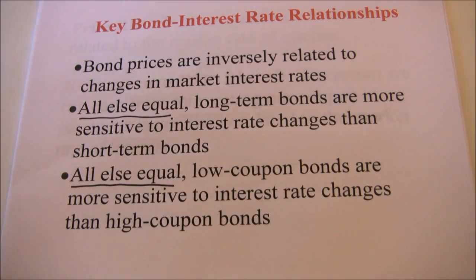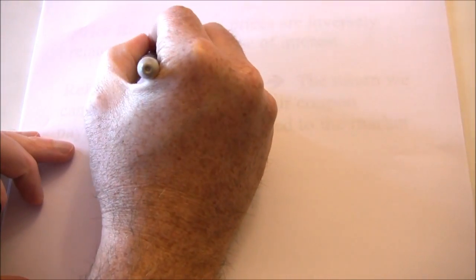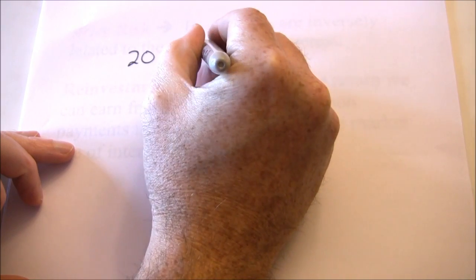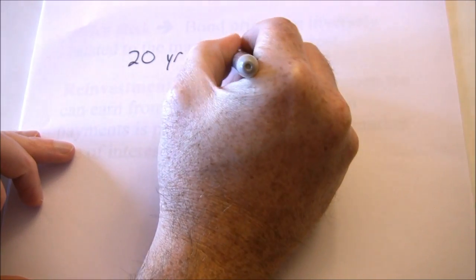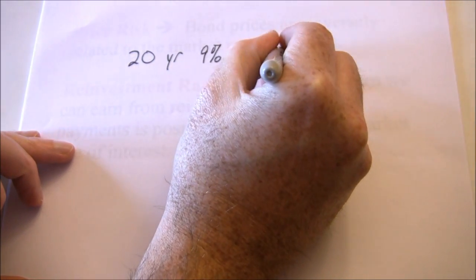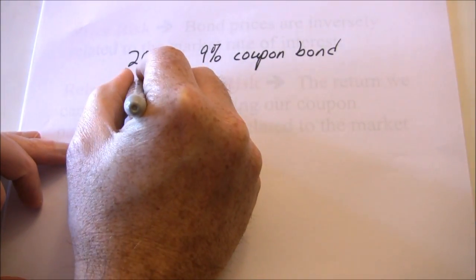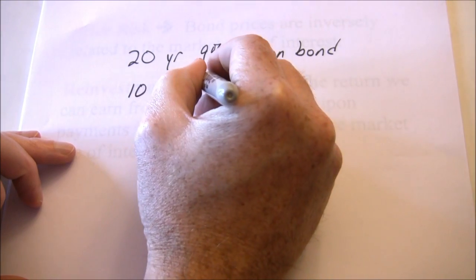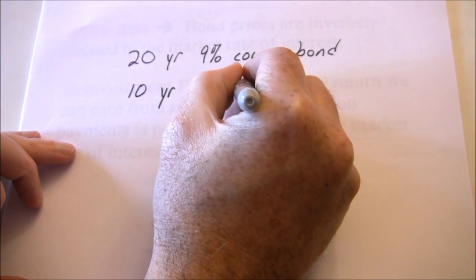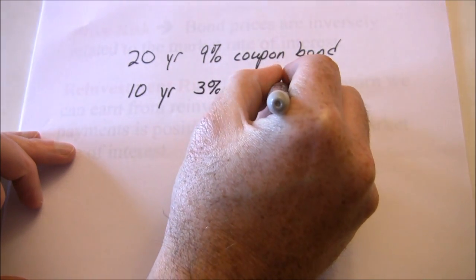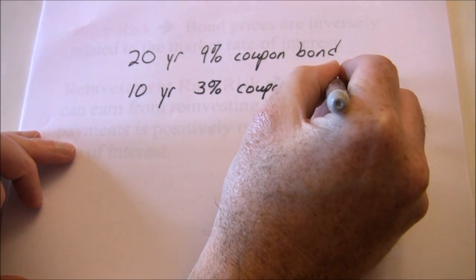For example, let's say we're looking at a 20-year 9% coupon bond and a 10-year 3% coupon bond.